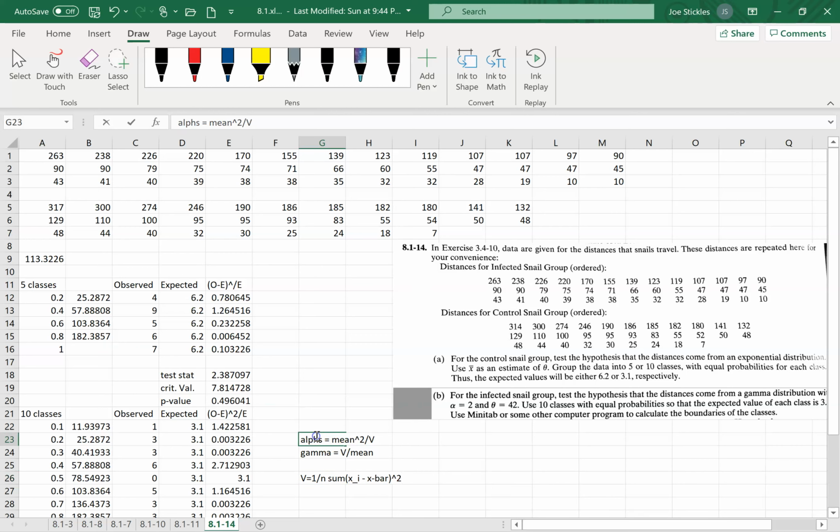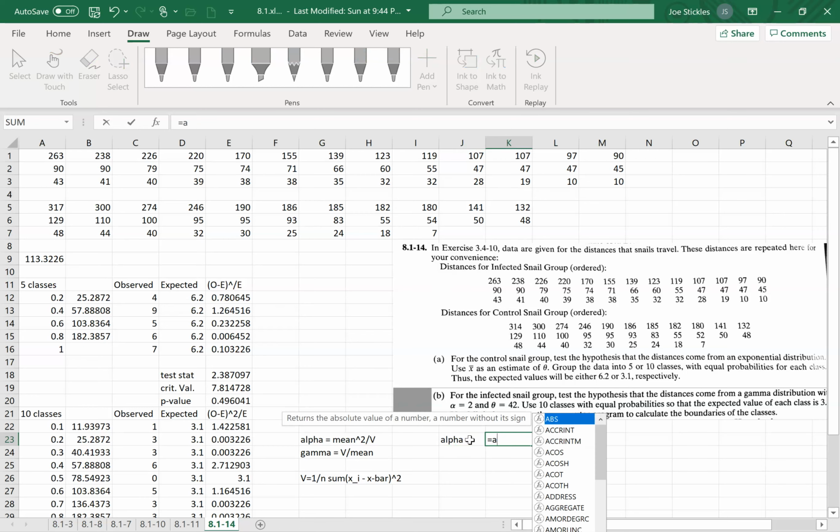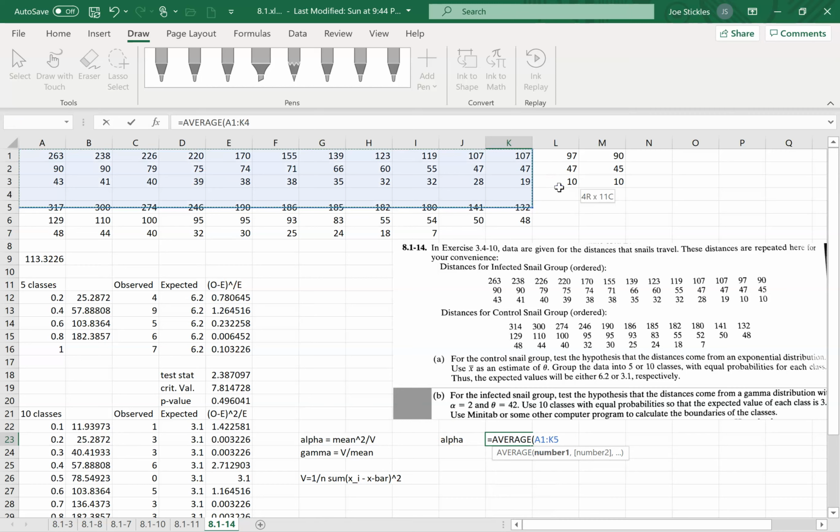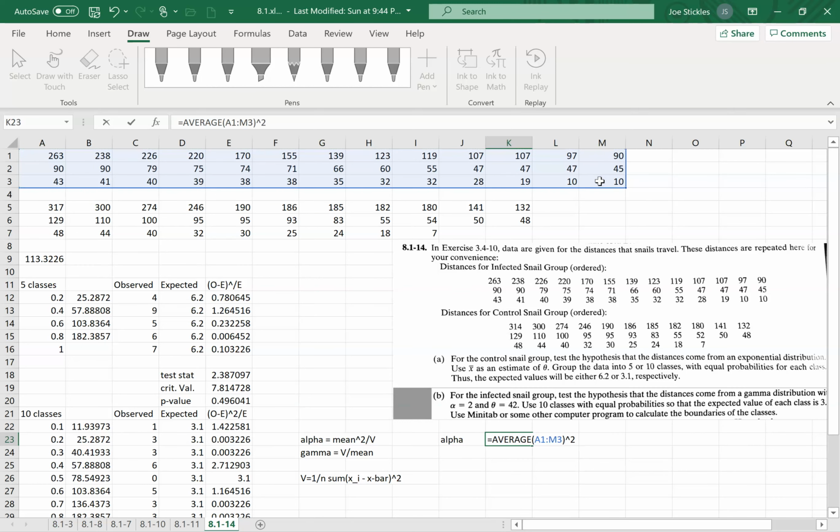I didn't realize I had a typo up here for alpha. My apologies. All right, so for our alpha estimate, I'm going to use the mean of the infected snail data, square that, and then divide it by the VAR.P of that sample data, instead of using VAR.S.